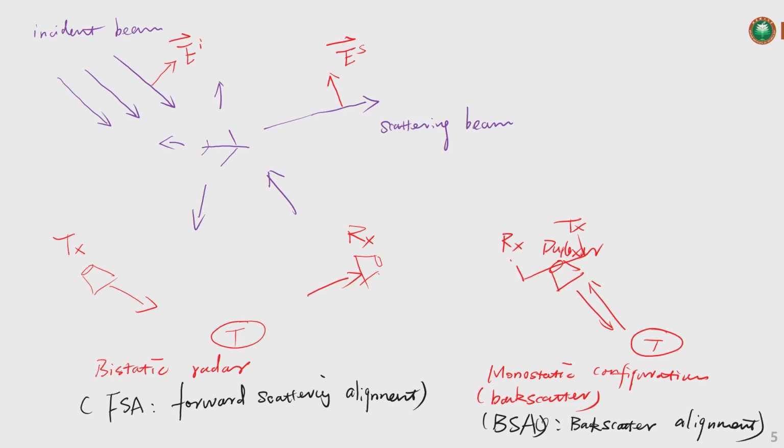So there are both alignments, and we are going to introduce them for the detections, the algorithms of the detections. So for the forward scattering system, we assume there is a small target.